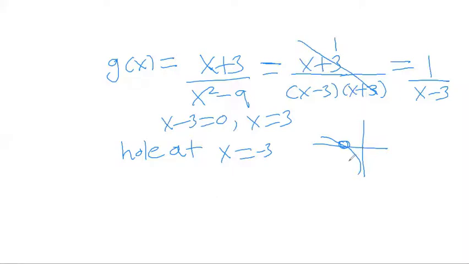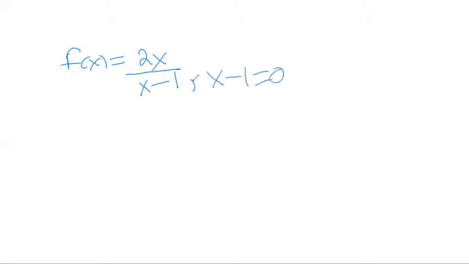So now let's graph one. Let me just clear the board here. So now I'm going to graph the function f of x equals 2x over x minus 1. So first things first, the domain of the function. Well, I set the denominator to 0.